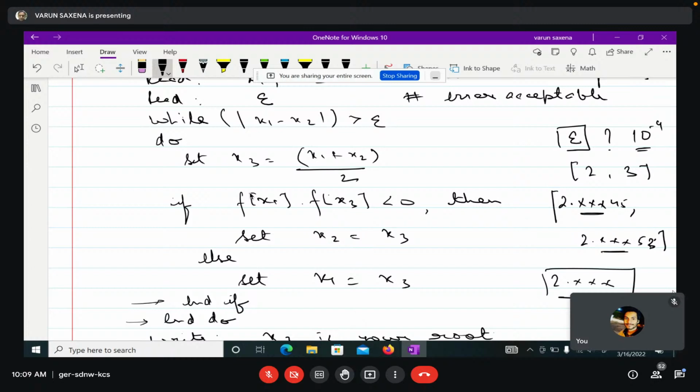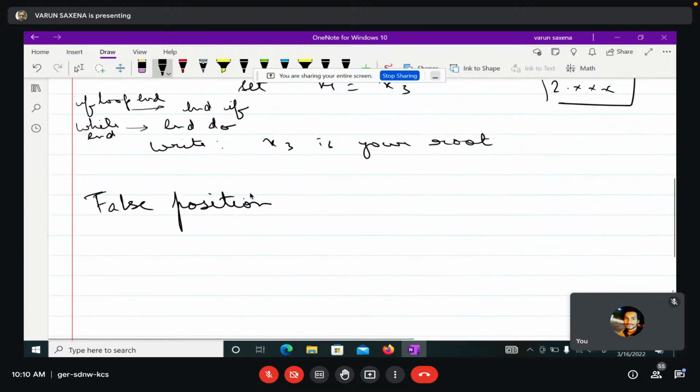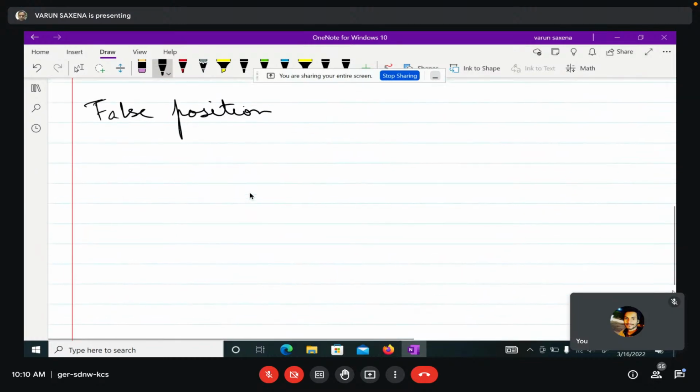I don't know whether it's the correct way to write it or not, but I just wanted to show that the if ends here, then the while ends here. You don't really need to end while, it automatically gets terminated, but I wanted to show the if is inside the while, so that's why I wrote end if.